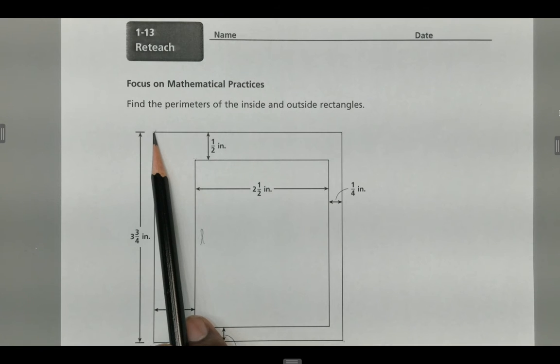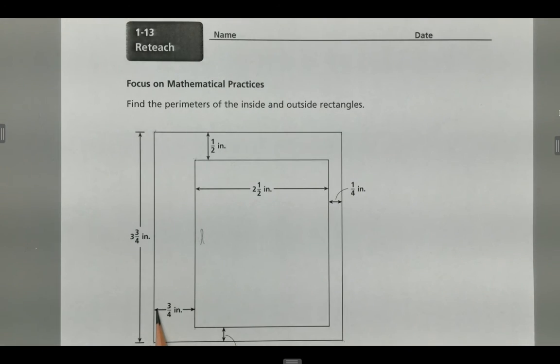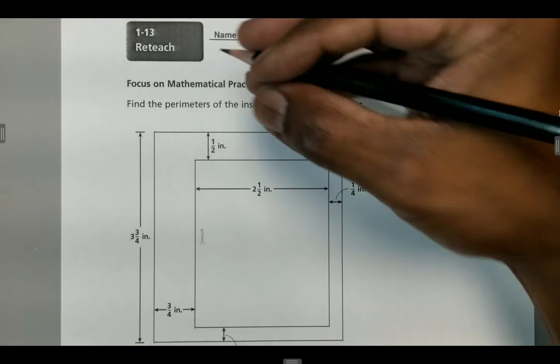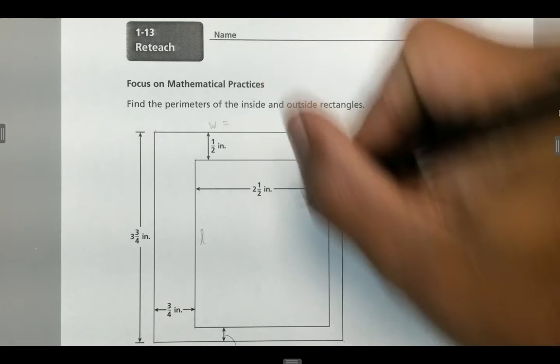If we're trying to figure this measurement from here to here, we can add up 3/4 plus 2.5 plus 1/4. That will give us the width of the outside rectangle.